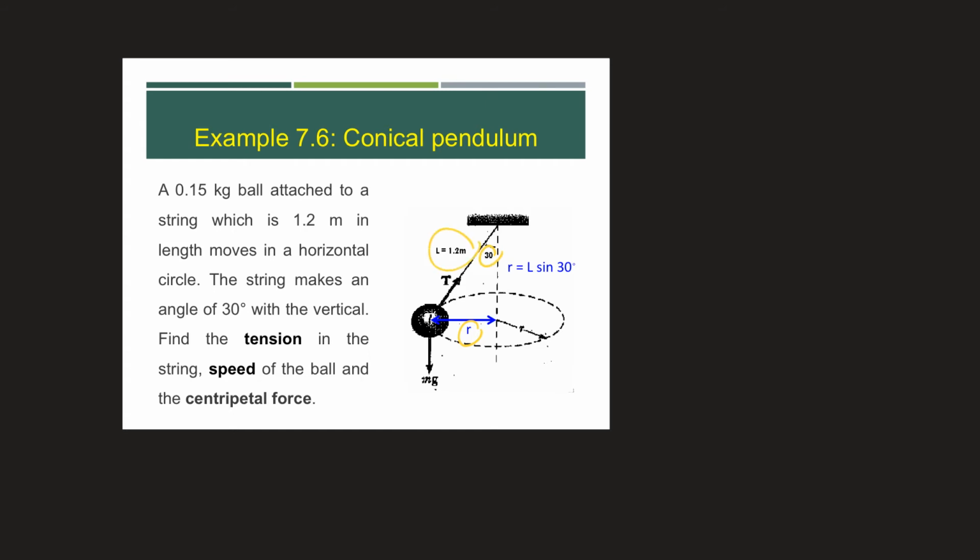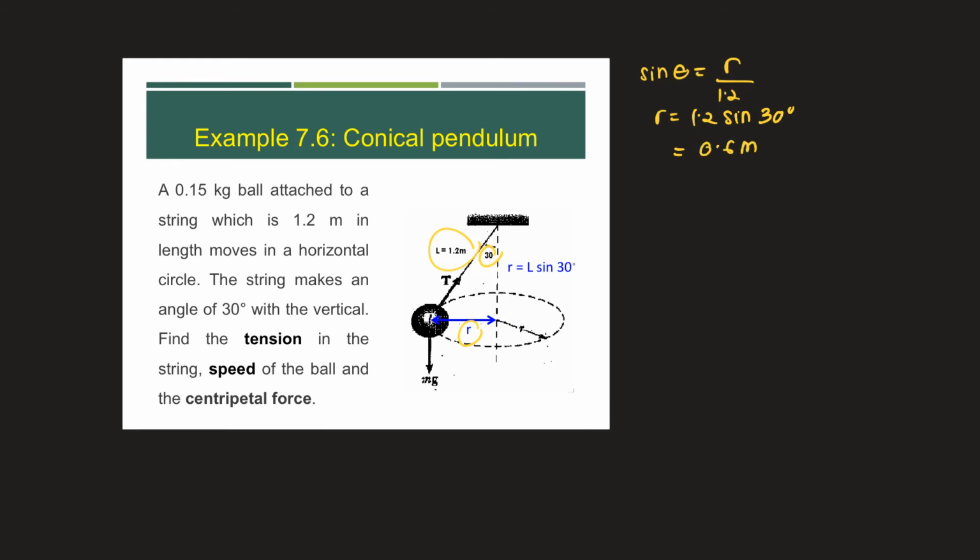So sine theta is opposite over hypotenuse, which is r over 1.2. So r is 1.2 sine 30, which is 0.6 meter.